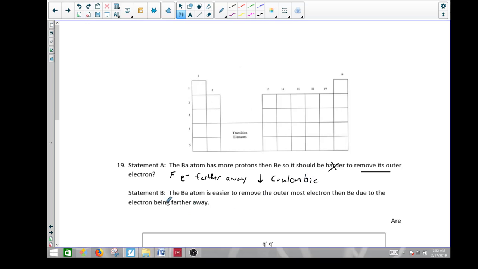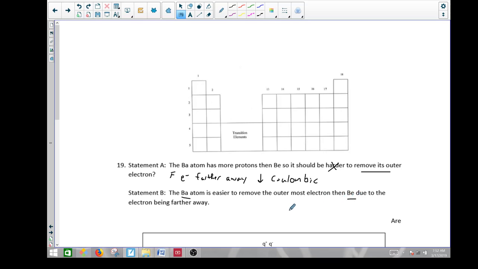All right, statement B. The barium atom is easier to remove the outermost electron than beryllium due to the electron being farther away. So we're comparing the outermost electron of barium and the outermost electron of beryllium.